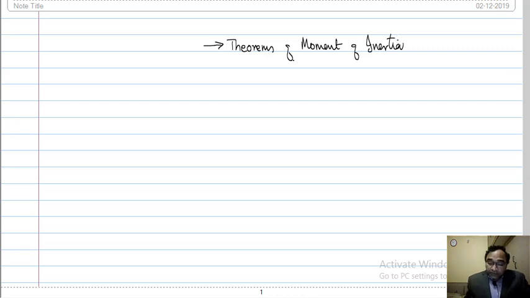So, the theorems of moment of inertia, there are two theorems which we possibly have. One is called perpendicular axis theorem, and there is one more which is called parallel axis theorem.